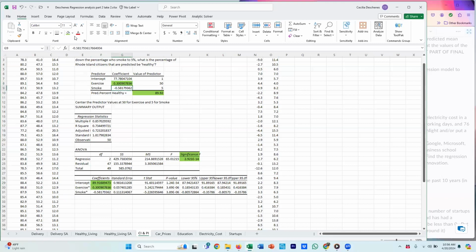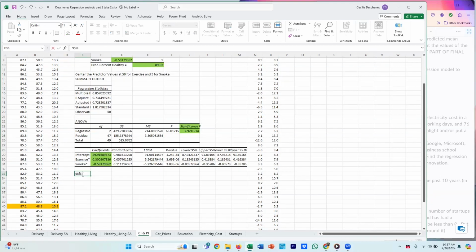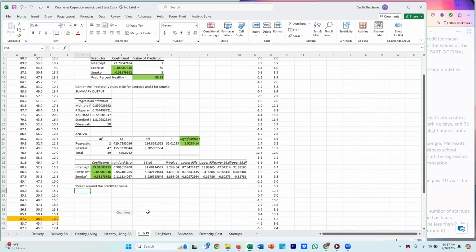Now, we're going to try to build the 95% confidence interval around the predicted value. Remember, this is the value of the trend line; it's a 95% confidence interval around what the predicted value would be of a regression equation. That's always kind of the expected value.